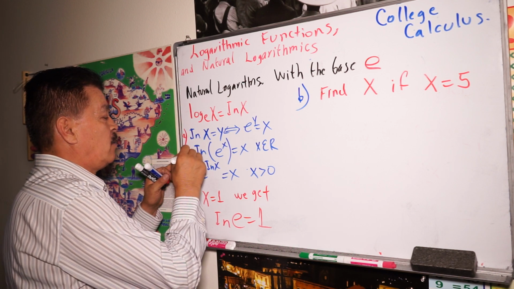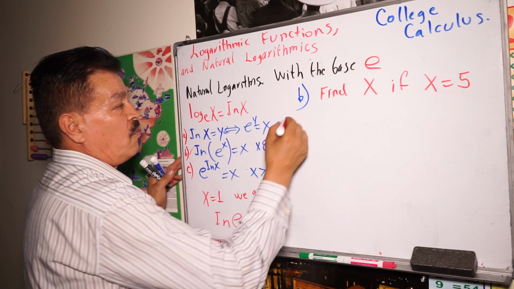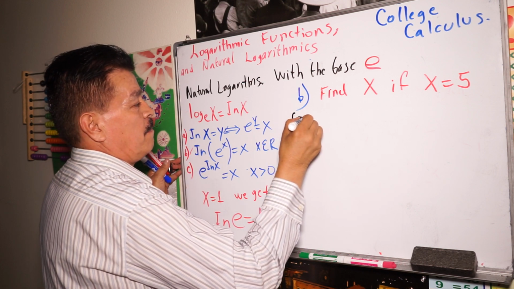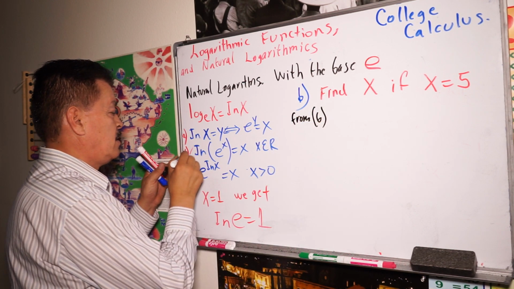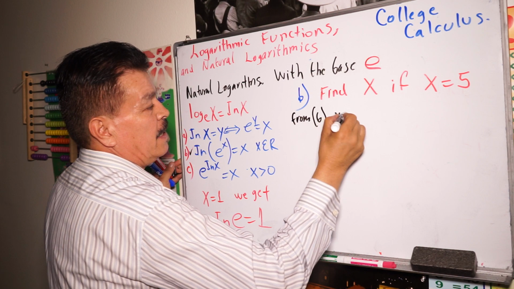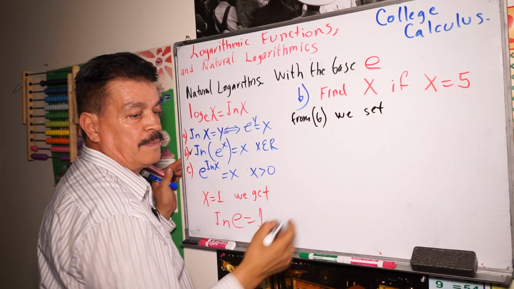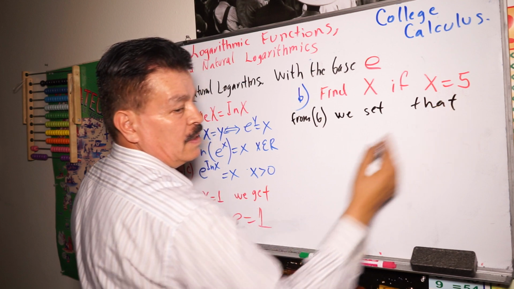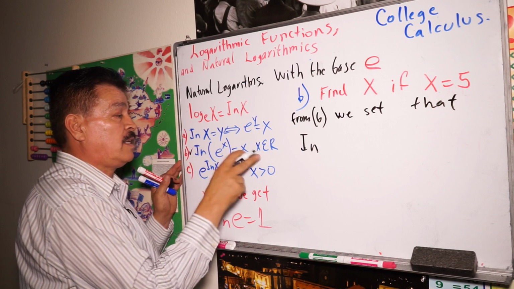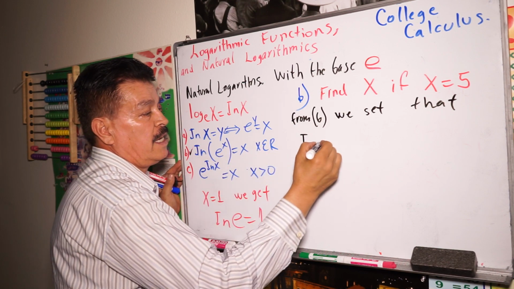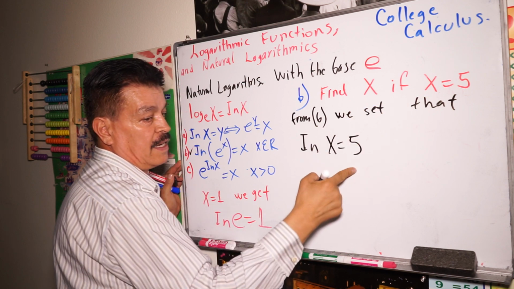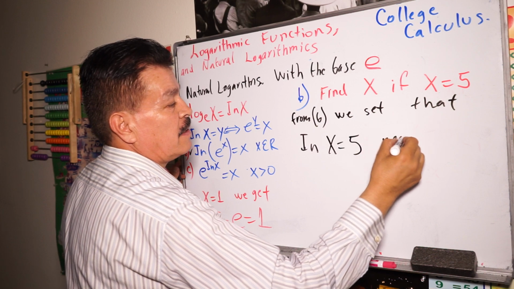We're going to take the b rules, from this one, this problem here. ln x is equals 5, right?